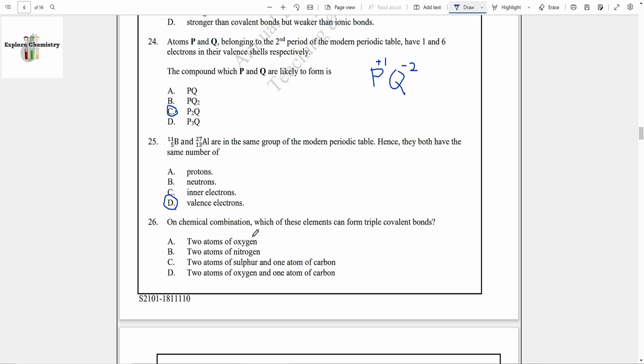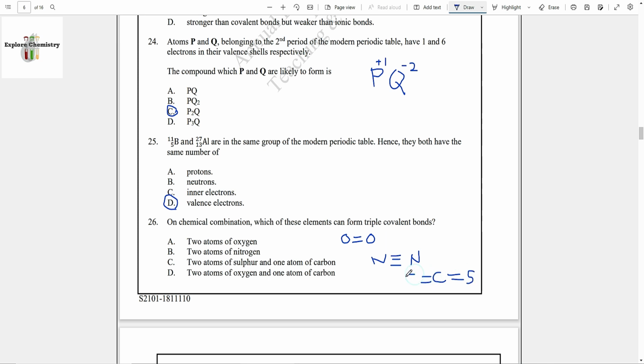26. On chemical combination, which of these elements can form triple covalent bond? 2 atoms of oxygen will form double covalent bond. 2 atoms of nitrogen will form triple covalent bond. 2 atoms of sulfur and 1 atom of carbon will also form 2 double covalent bonds.